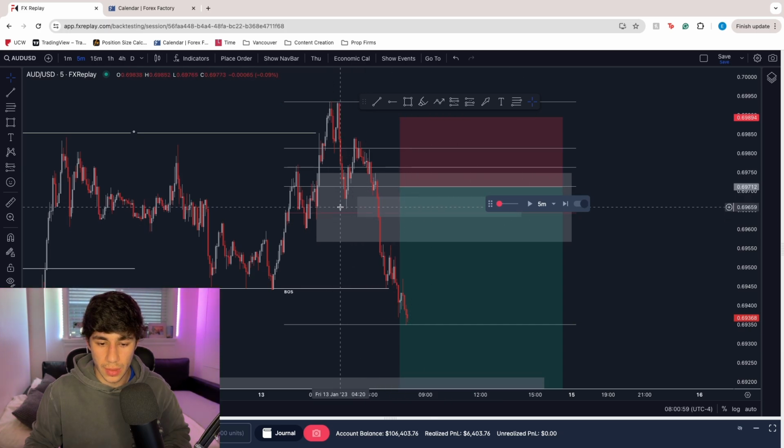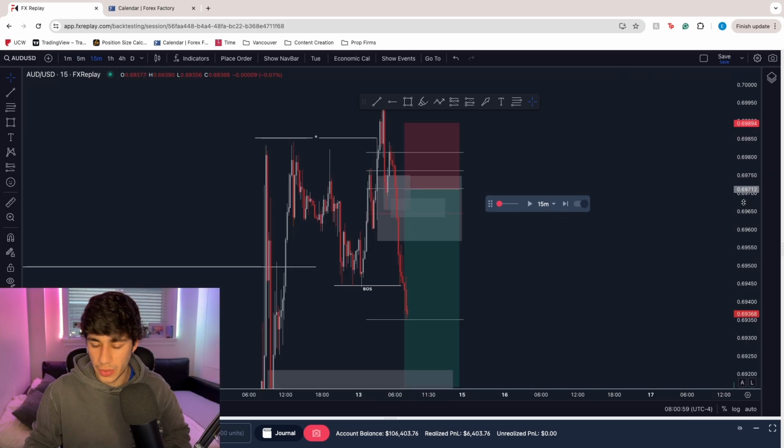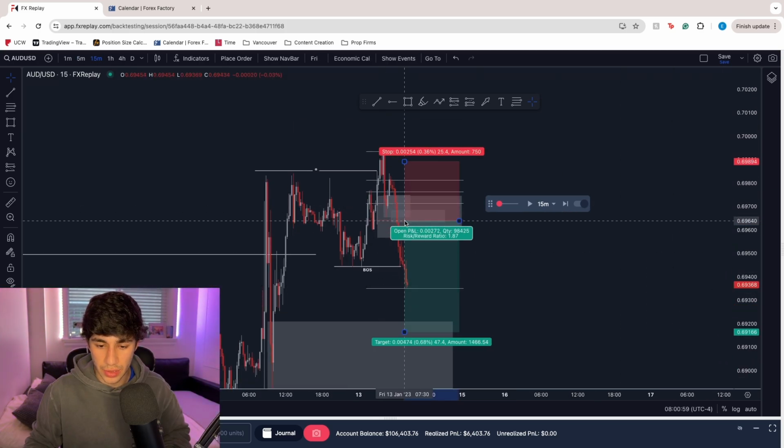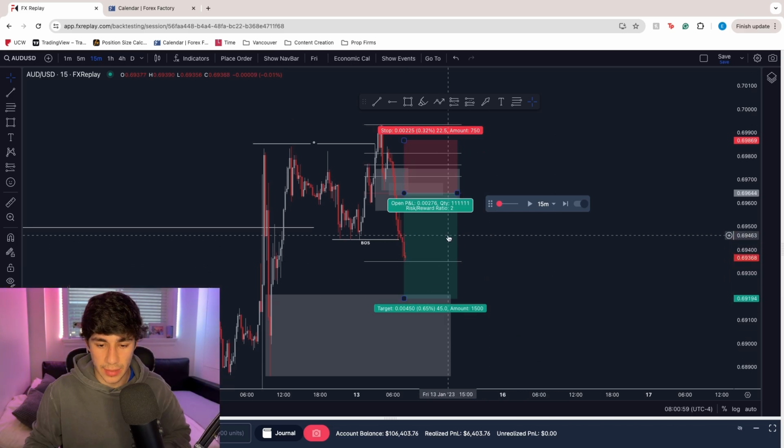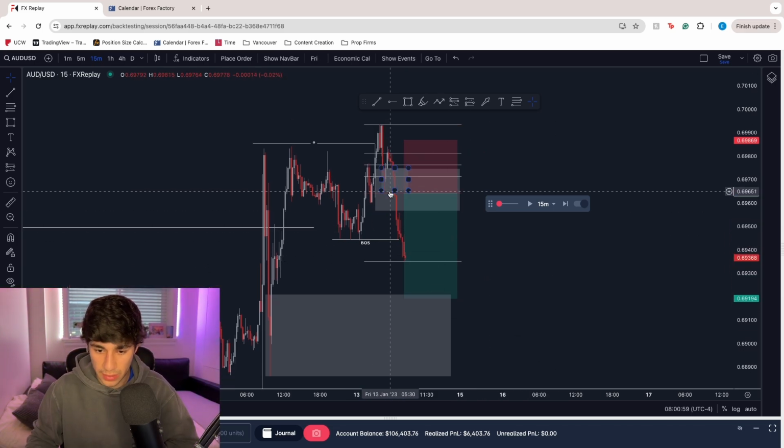But it could also reach this, that's very interesting as well. You know what? I'm gonna be secure with the entry, and I'm gonna enter in the 50%. My stop loss around this area, targeting a 1 to 2.